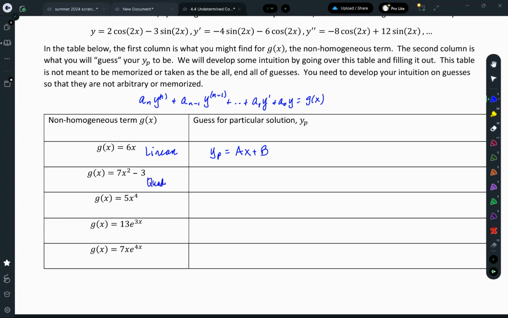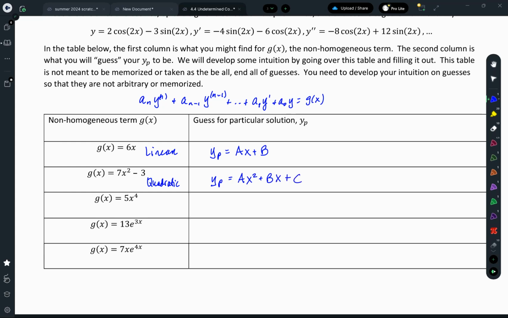I would hope that in order to get a quadratic function on the right-hand side of my linear non-homogeneous differential equation, then on the left-hand side, I would have to have linear combinations of a quadratic function. And so that is my guess. Y sub p should probably be Ax squared plus Bx plus C.